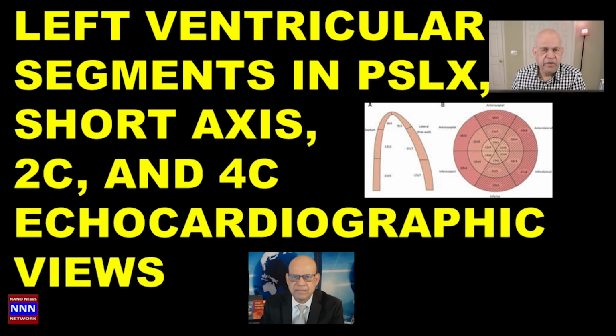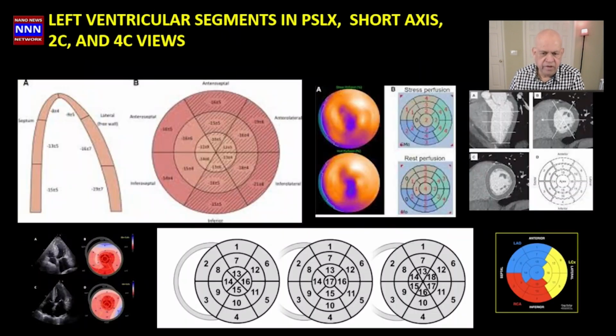In this presentation, we are going to look at the left ventricular segments and their recognition in parasternal long axis, short axis, two-chamber view, and four-chamber view echocardiographic images. There's a lot of confusion about which particular wall we are looking at when we are talking about wall motion abnormalities, cardiac enlargement, or segmental akinesis.